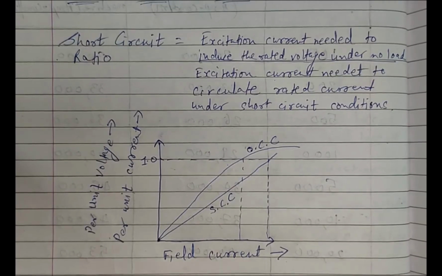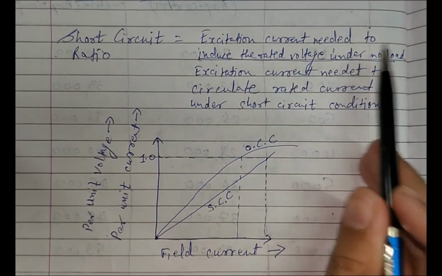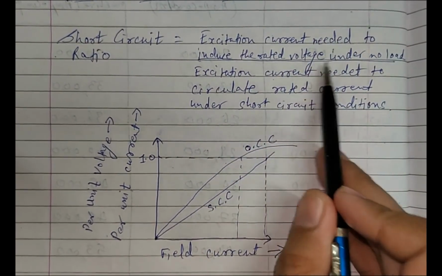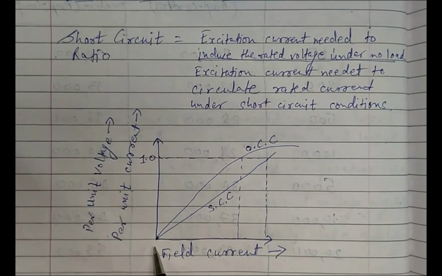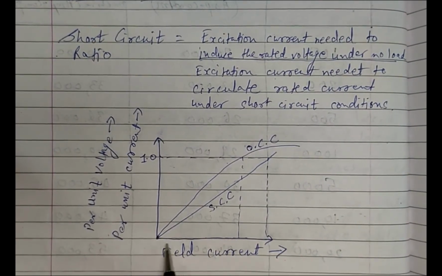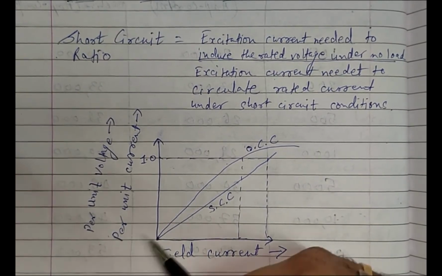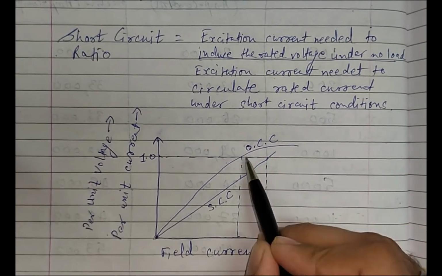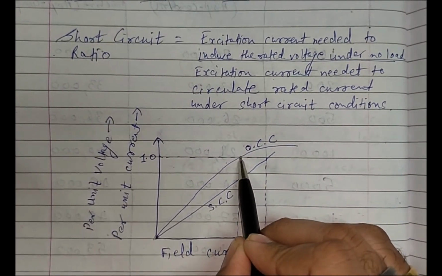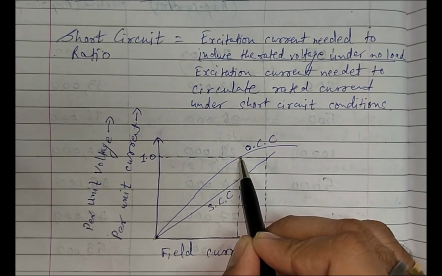Now let us compare the figure with the derivation. It says the excitation current needed to induce the rated voltage under no load. So this is the excitation current. The field current is the excitation current which is needed to reach the rated voltage under no load, which is a part of the OCC characteristics.